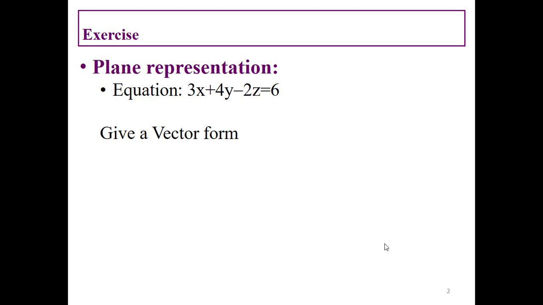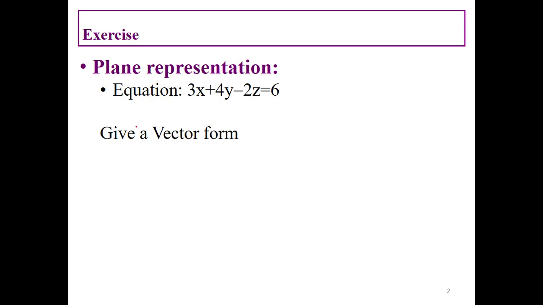First, a small repetition. We have a plane represented with an equation: 3x plus 4y minus 2z equals 6. How do we get to the vector form of this same plane?